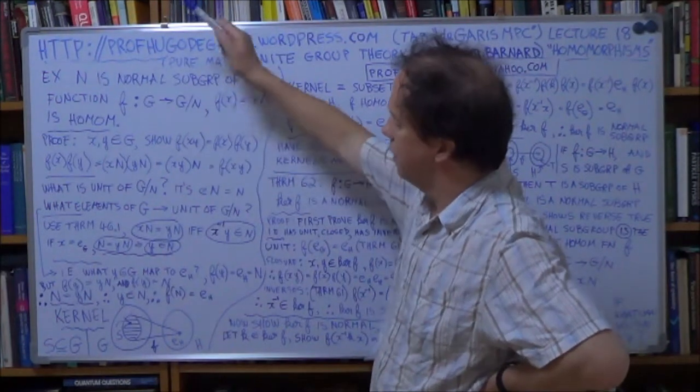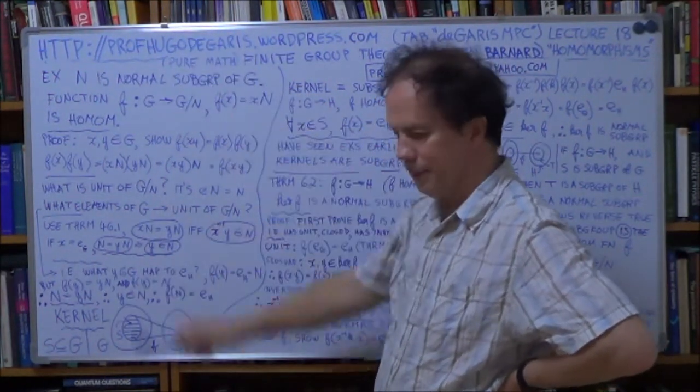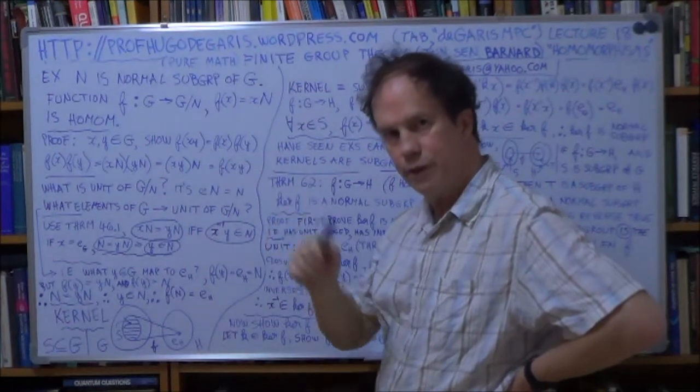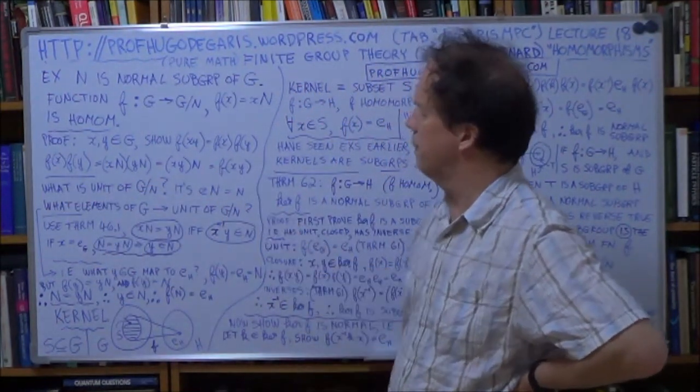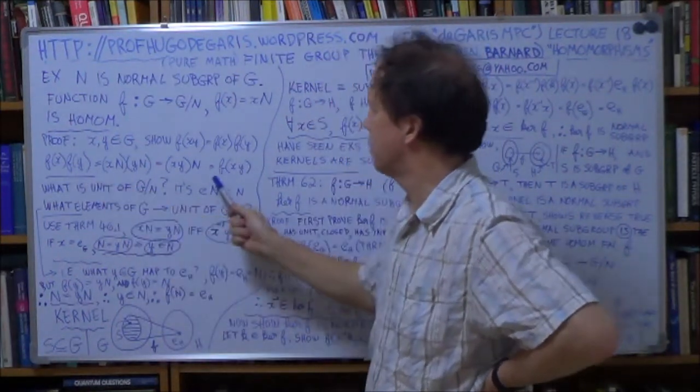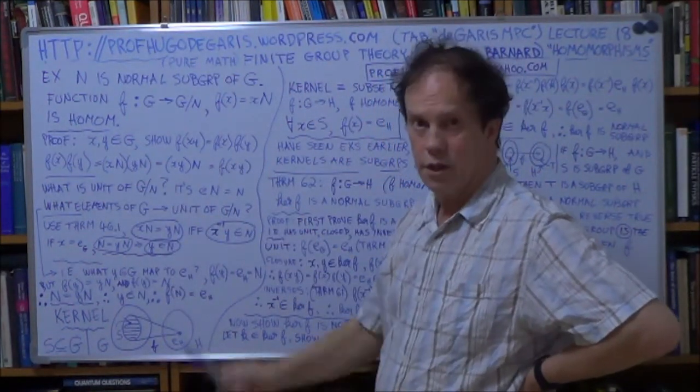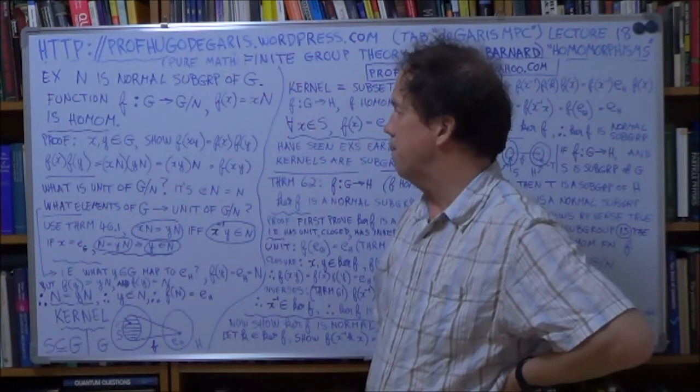Right? Now, in quite a few of these examples of homomorphisms, these functions that obey this property, that this is equal to this, it's the definition of homomorphism.